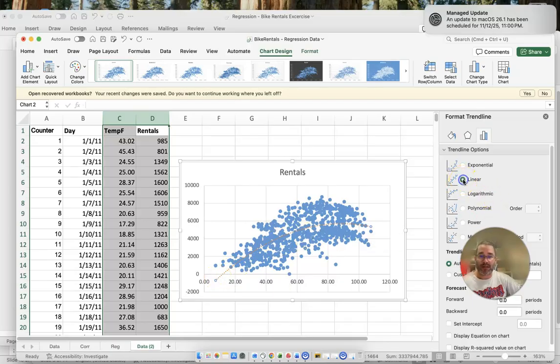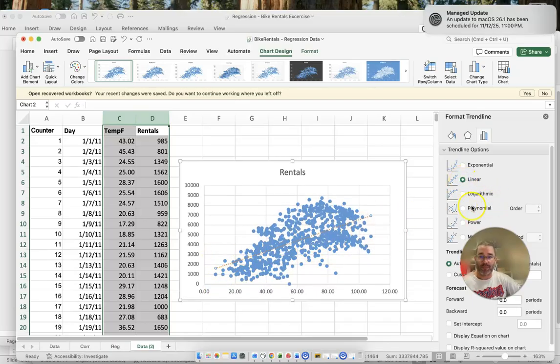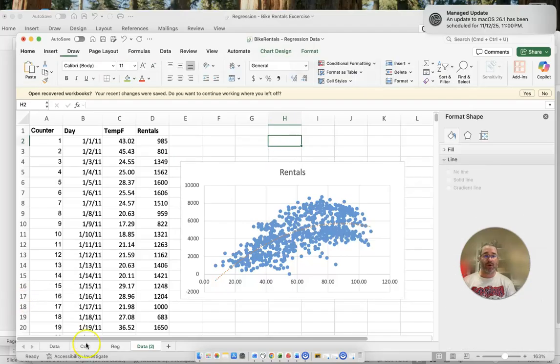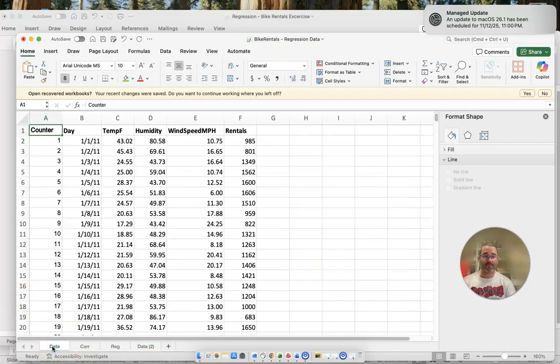We've only statistically tested for this straight line. But as you can see, we see that bend starting to take place. So maybe what we should be checking for, which is what we'll do in number 11, the last question, is it better if we look at this data as a curved line rather than a straight one? Okay, so let's go do that. I guess I'll show you number 11.